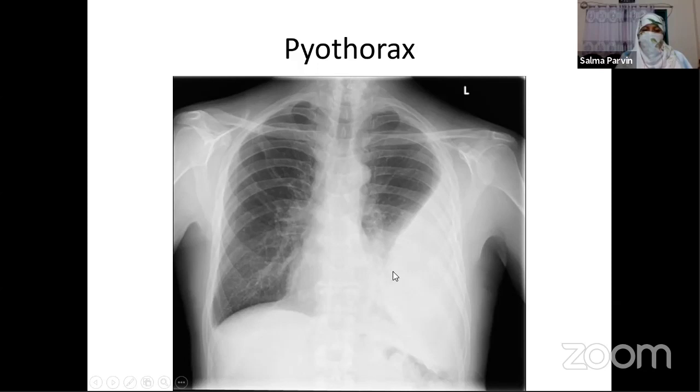It is producing a biconvex figure and an obtuse angle with the chest wall. So whenever you get a biconvex lesion in the pleural space with an obtuse angle with the lung field, this is a case of pyothorax.